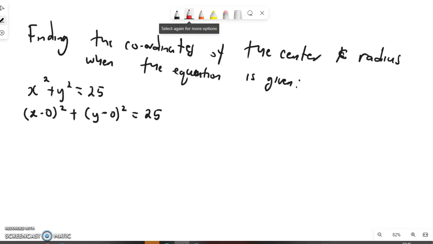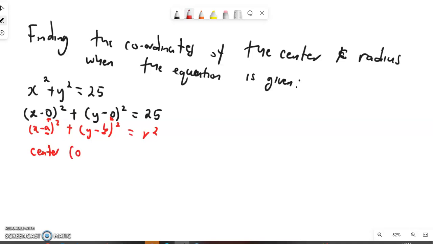Remember, this is similar to (x minus a) all squared plus (y minus b) all squared is equal to r squared. So therefore our a is 0 and b is 0, so our center will be at (0, 0).